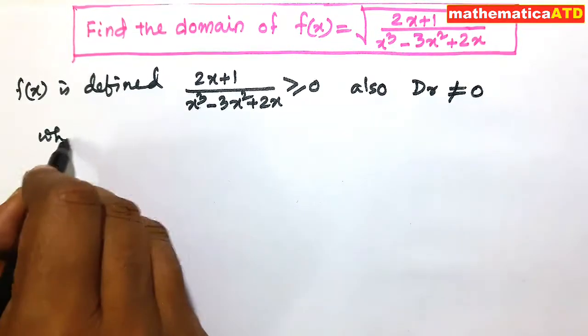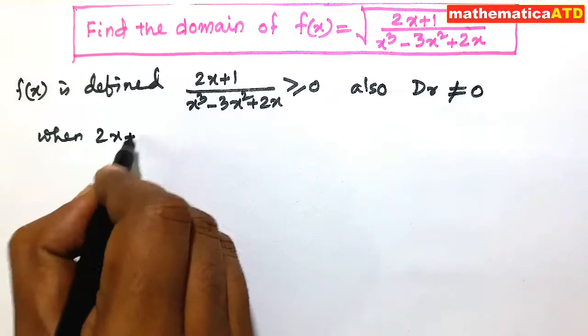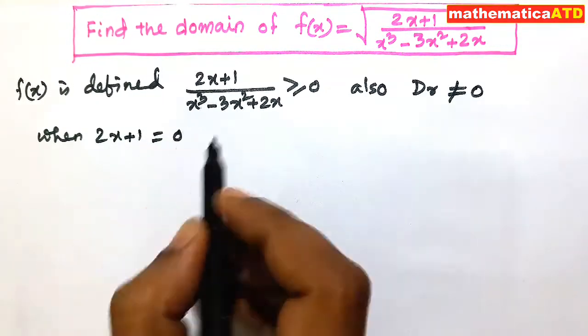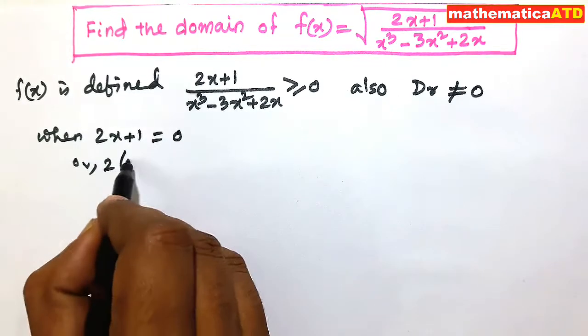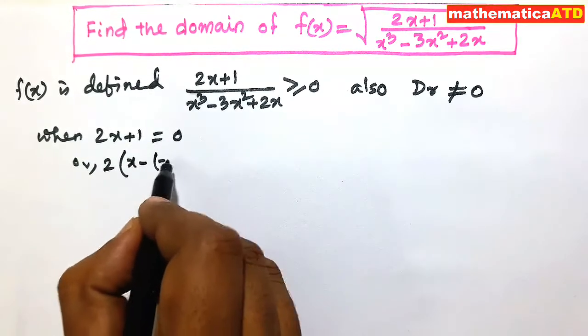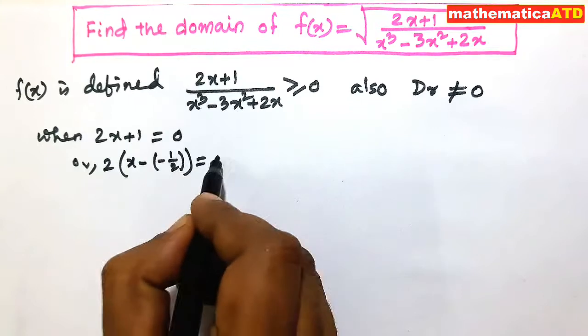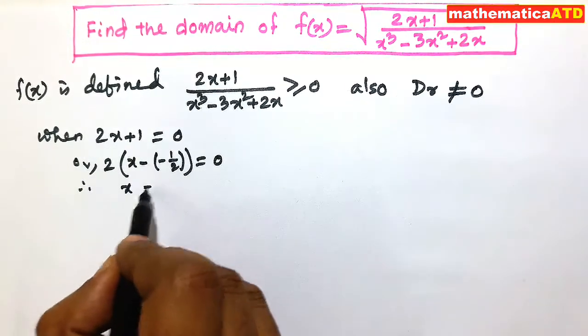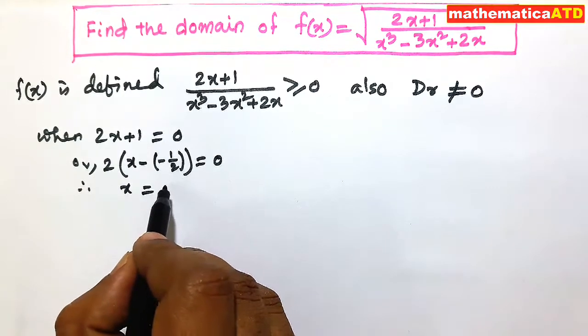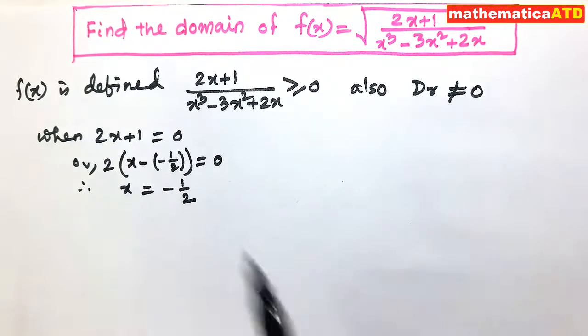When 2x + 1 is equal to 0, then we can write 2(x − (−1/2)) = 0. Therefore, x is equal to only −1/2.